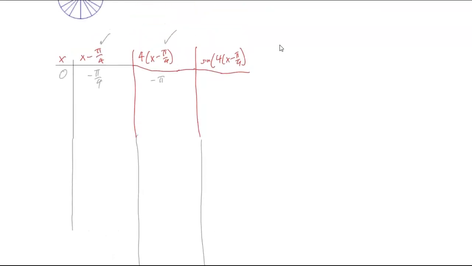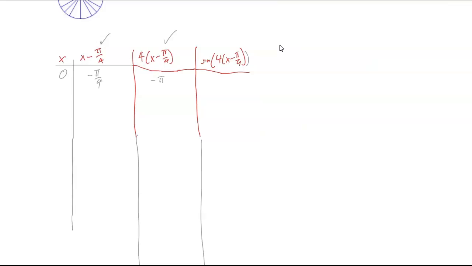So that would be 4/4 pi minus 1/4 pi, which is 3/4 pi. And then I'm going to multiply that by 4. And so that would be 3 pi. Okay. So now we have this column here, right before we get to sine of 4 whatever.